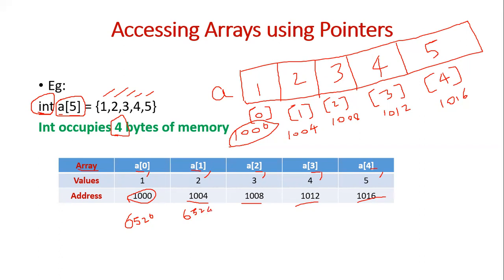Okay. And what will be A of 2? 6528. And what will be A of 3? 6532. Right. And what will be A of 4? 6536.